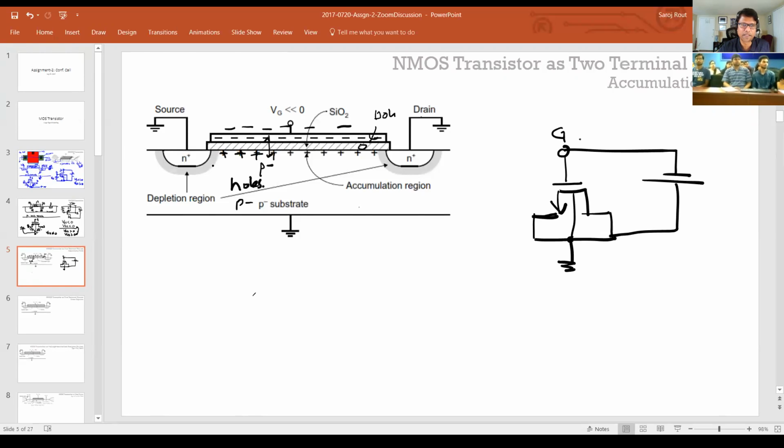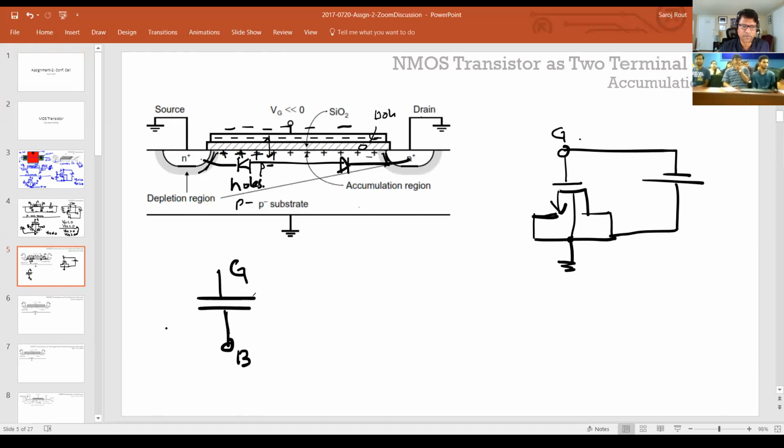The drain and source are isolated because you have this depletion layer in between. Essentially what it looks like is back-to-back connected diodes, so there will be no current flowing through it. All it looks like is a capacitor between the gate and the bulk.